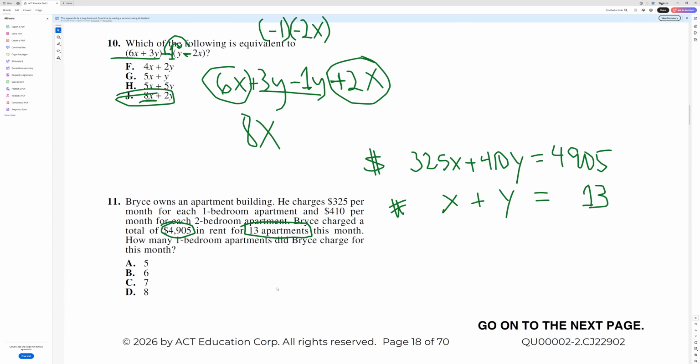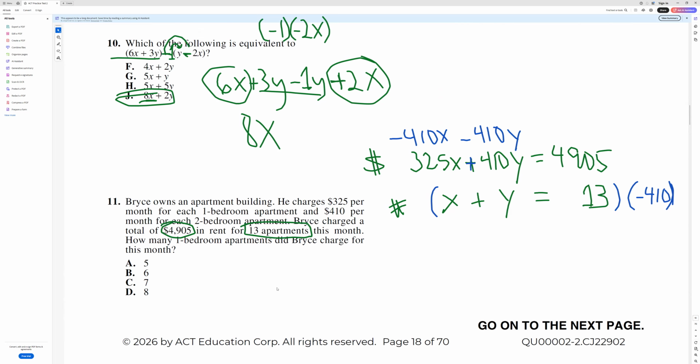That way I'm going to get a cancellation between this positive 410 and the negative 410. Times everything inside that parenthesis, I'm going to get negative 410x minus 410y.